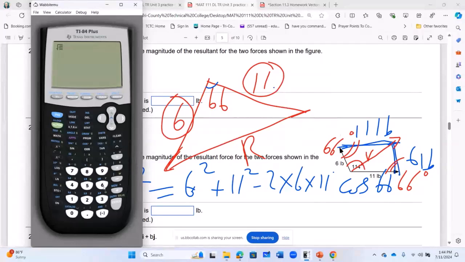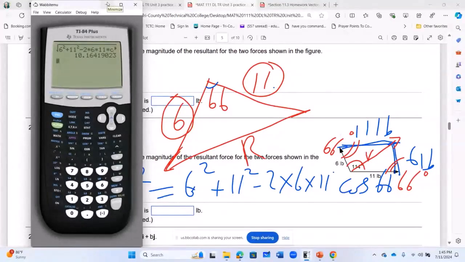And then I put that 6 squared plus 11 squared minus 2 times 6 times 11 multiplied by cosine of 66, close parenthesis. When I hit enter, I have 10.16.